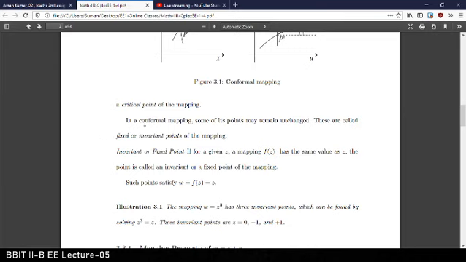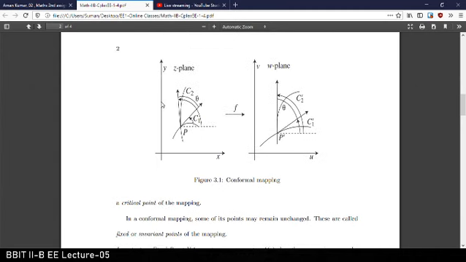Some other points are there which won't shift. If I write, say, w equal to 5z, and we consider the whole complex plane is mapped to some other w plane. If I consider the point 0, with z equal to 0 plus i0, and w equal to 5 into z, what will be the value? 5 into 0 plus i into 5 into 0.